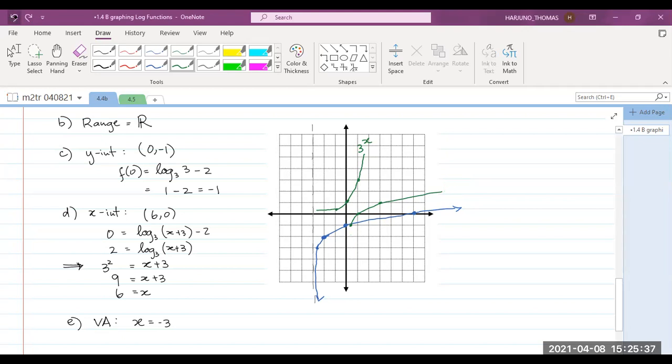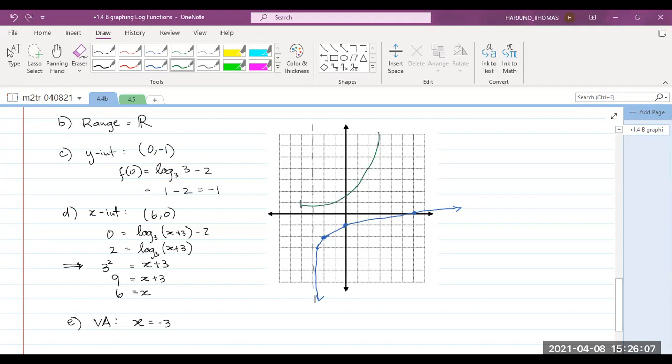So you see that the storyline is actually quite long already. We start from the exponential function. Now we make it a basic log function. Now we move that log function. So when you move that log function, you basically move all those important coordinates also. The shape of that exponential function 3 to the x is still the same as this shape.